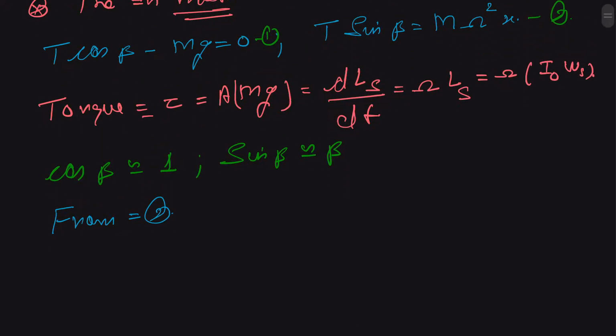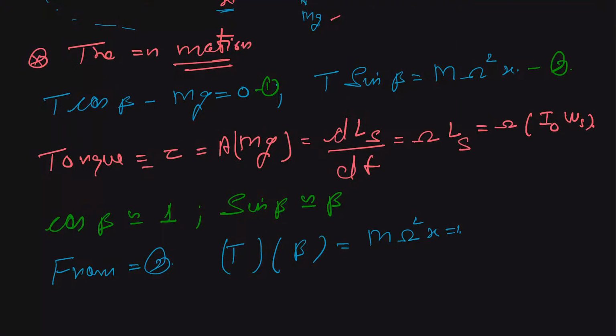we get T sine of beta, that is T beta, is equal to m omega square times x. Let us use both the equations, and that is going to help us.